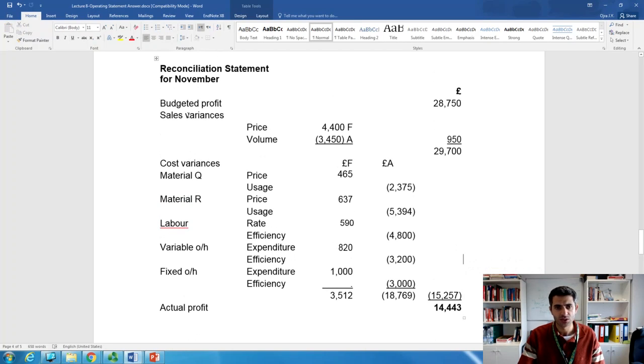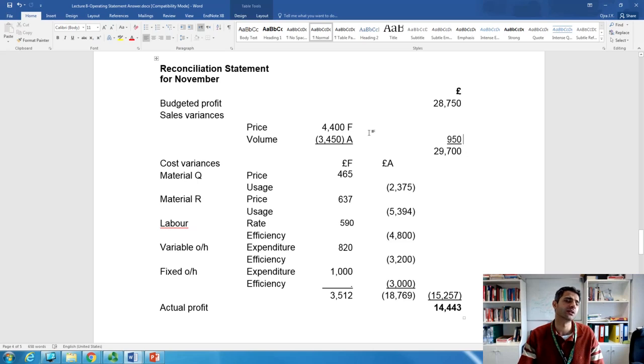£40,443. So the first variance you need to start with is the sales variance, and then you move to all the cost variances. In terms of the sales variance, we have a price variance of 400 favorable, and a 1,350 volume variance adverse. So it's 950 net adverse for sales. Why? Because 400 minus 1,350 equals minus £950.